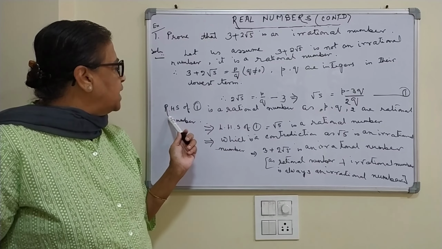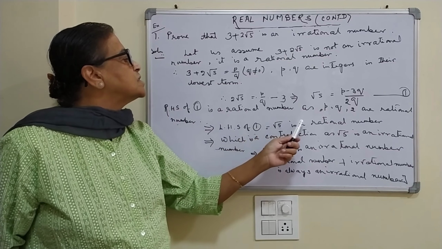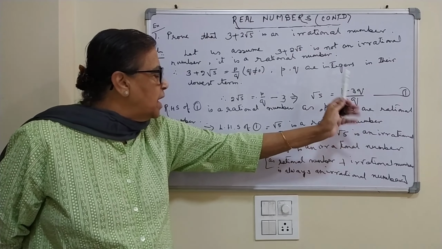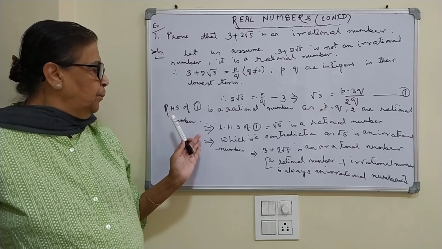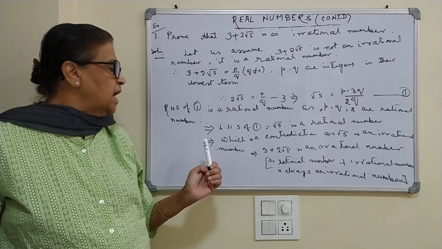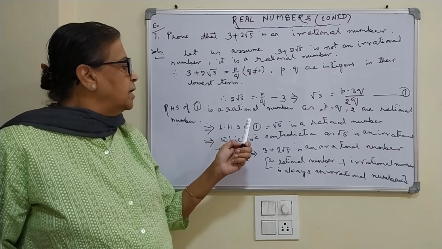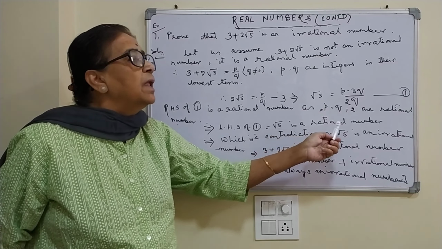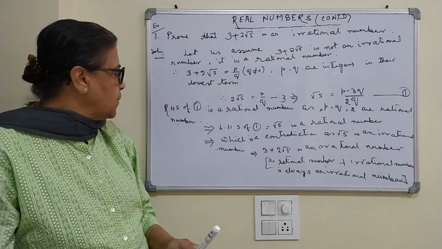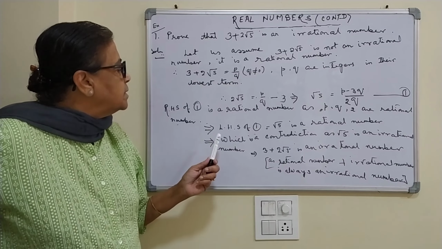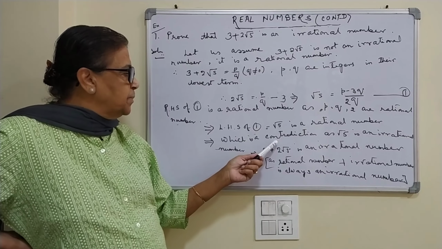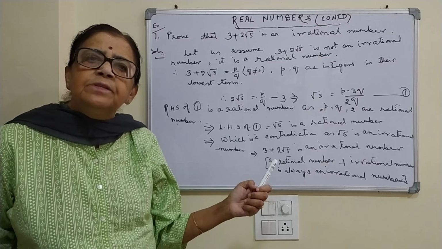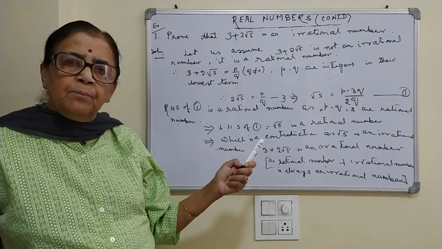Okay, right hand side of 1 is a rational number, as P, Q and 2 are integers. Implies left hand side of 1, that is root 5, is a rational number from 1, which is a contradiction, because already we have studied that root 5 is an irrational number.